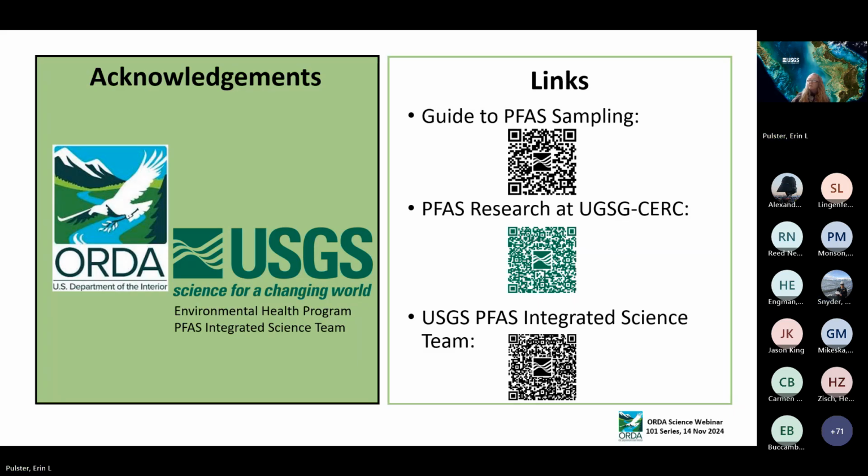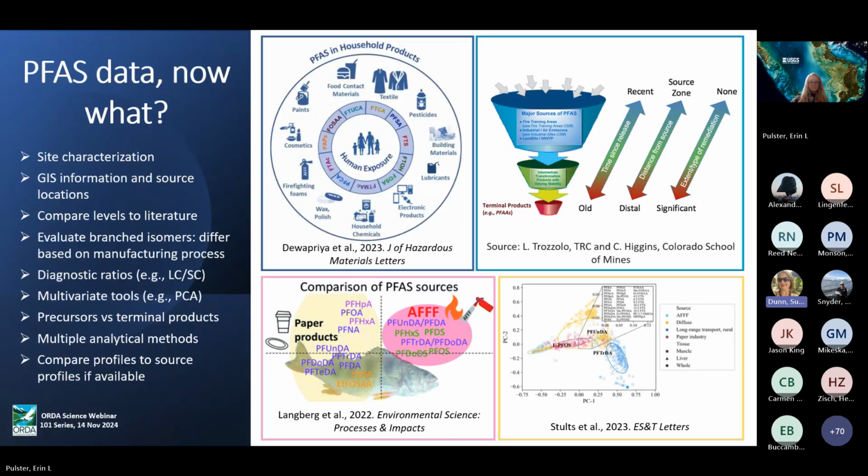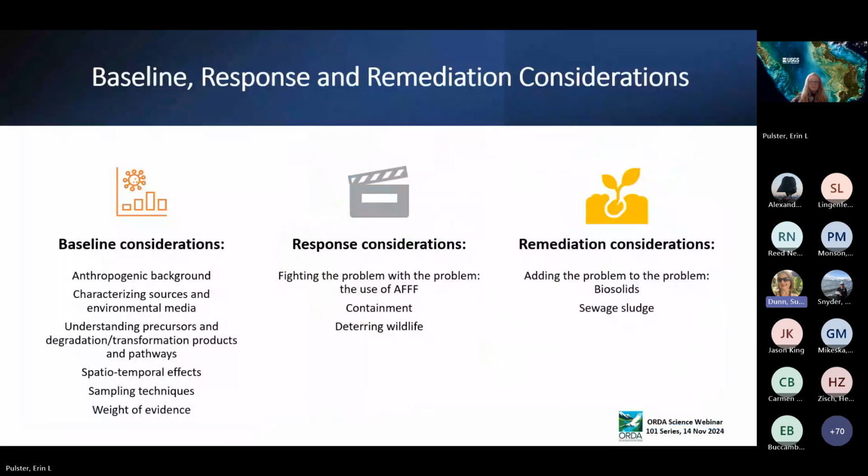Yeah, thanks. I was wondering, if you go back to the slide where you mentioned using biosolids, soil amendments, or sludge, I'm assuming the consideration would be to test those before use, as opposed to not using them for purposes of increasing carbon in soil on projects. Is that a fair statement? Yeah, absolutely.